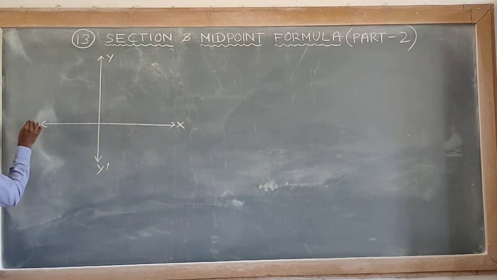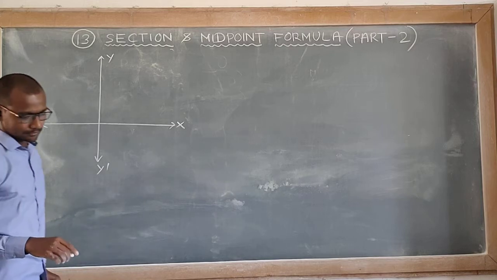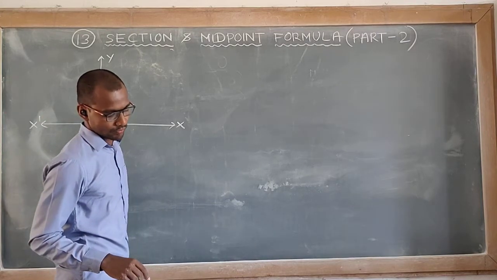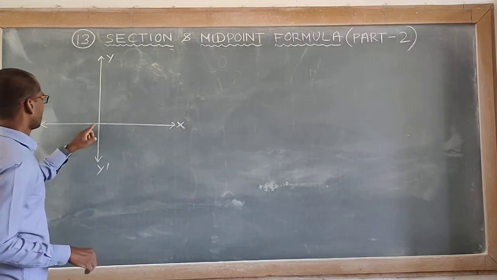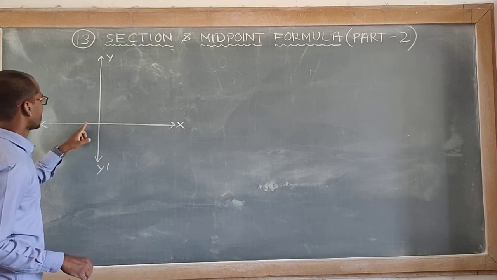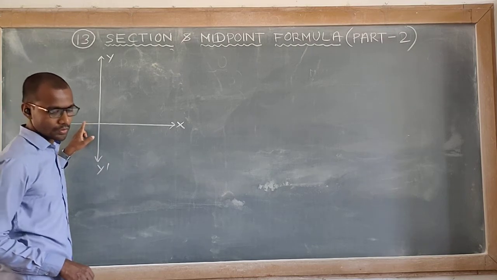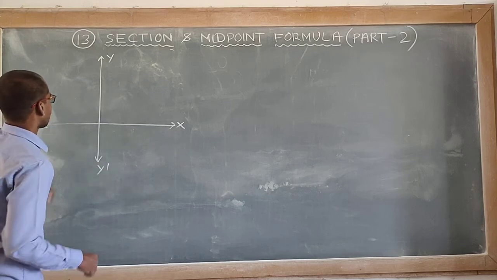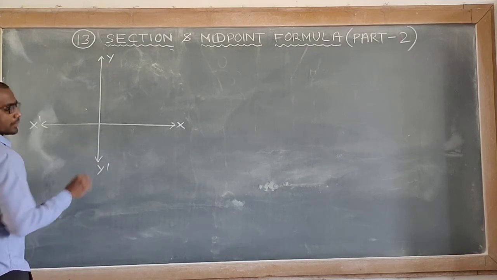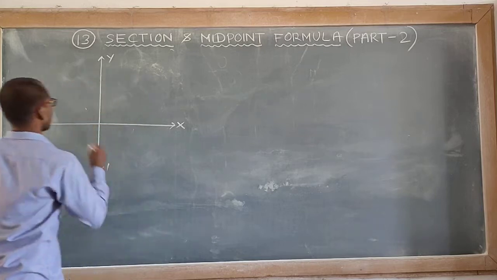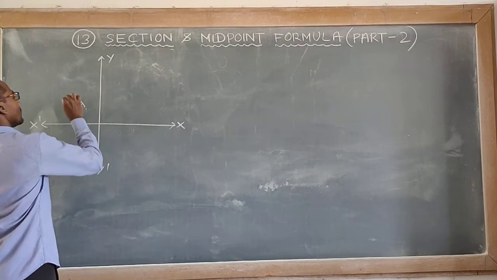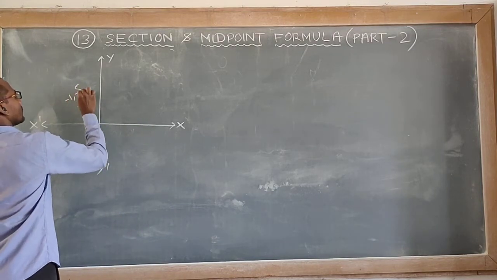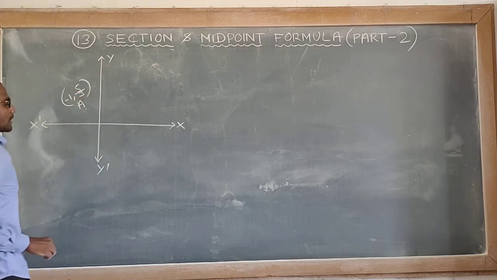The point (-1, 5/3): suppose this is minus 1, and 5/3 means 1 whole 2/3, so it will be somewhere here. Suppose this is the first point A, (-1, 5/3).